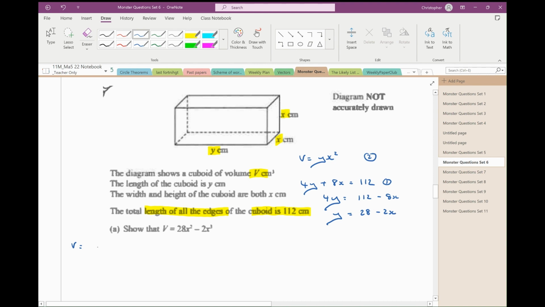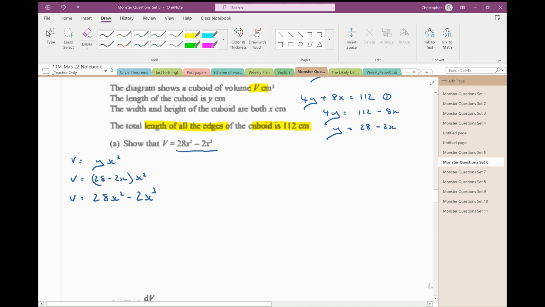And equation 2 is that the volume is y times x squared. So the volume is 28 minus 2x multiplied by x squared, which is 28x squared minus 2x cubed, which does match what I was asked to show. So that's part A done.